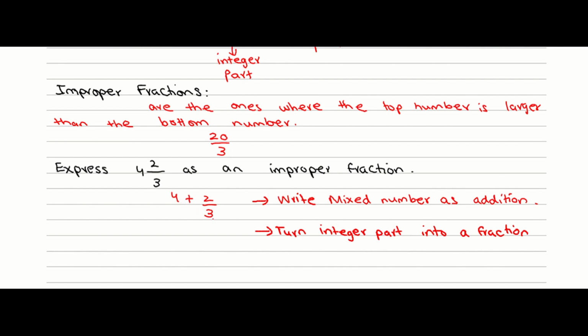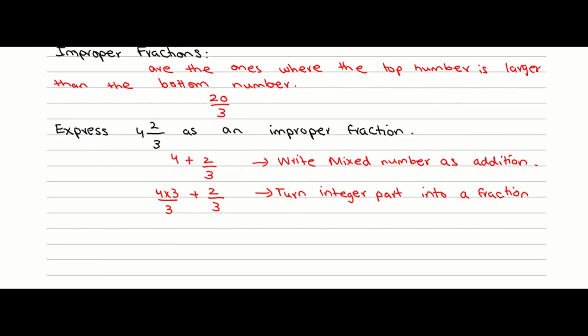So we times 4 by 3 and divide it by 3 as well. So 4 times 3 divided by 3, plus the same fraction 2 by 3. We multiply and divide both because whenever we multiply something, we have to divide as well.